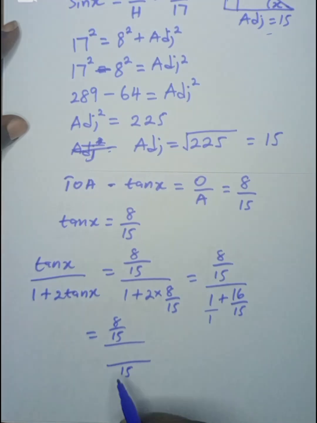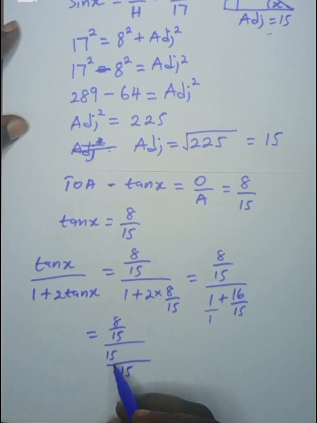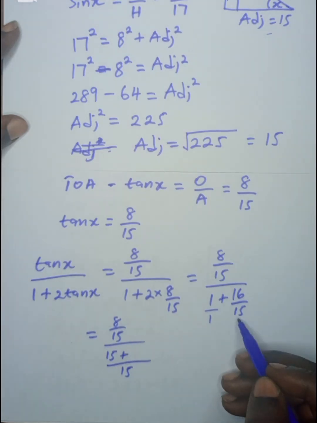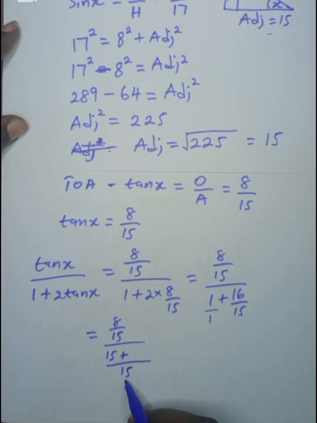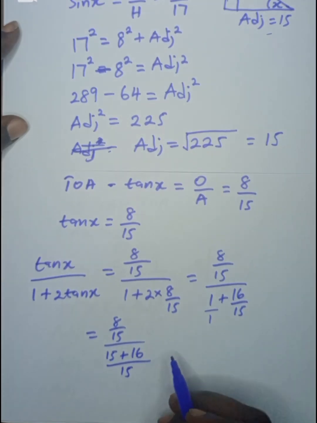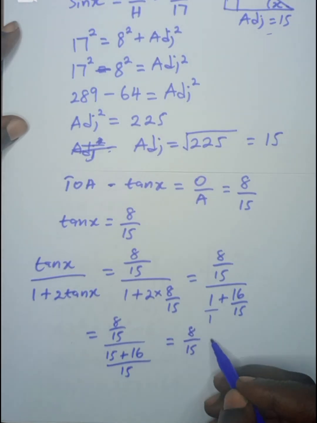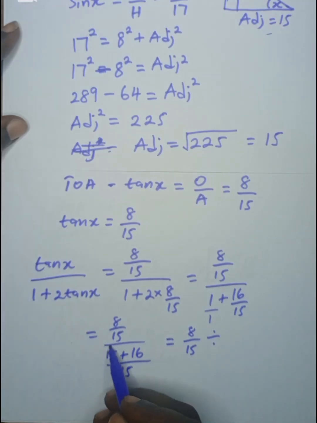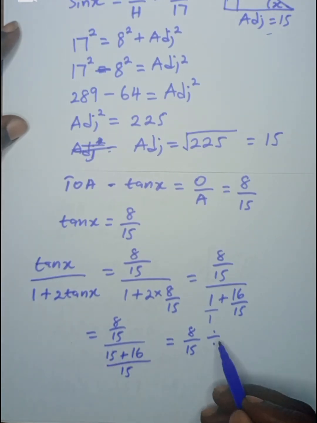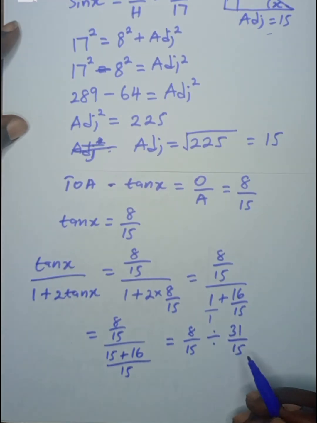So we say that 1 goes into 15, 15 times 1 is 15, plus 15 goes into 15 1 times 16 is 16. So we have the numerator is 8 over 15. Okay, dividing. Now I'm turning this division sign to be this. So we have 31 here over 15.